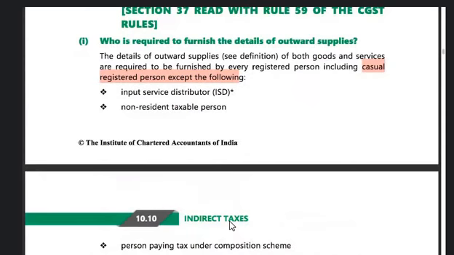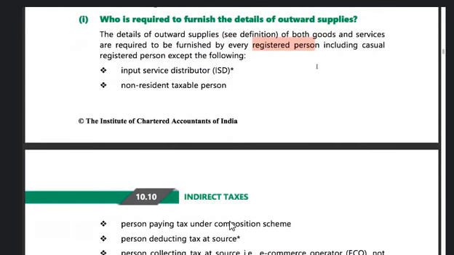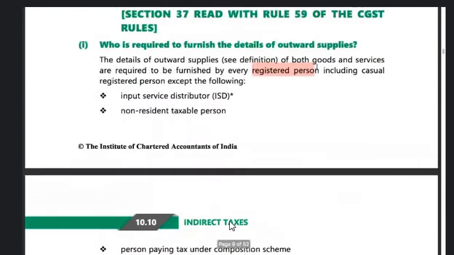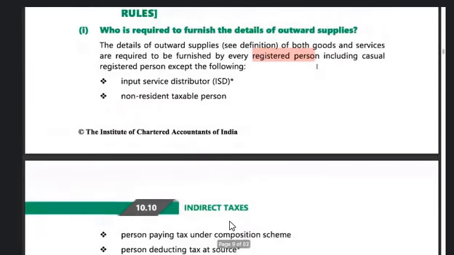So every registered person will furnish the details of outward supplies, including the casual taxable person, except 6 categories of person.